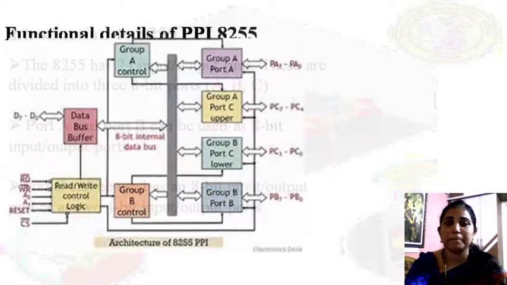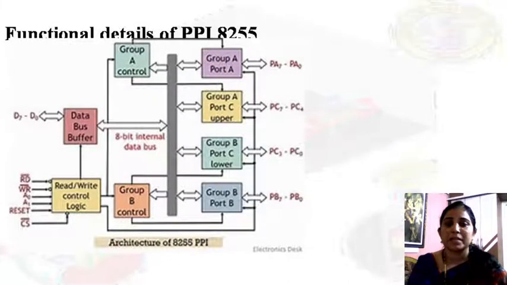With this knowledge about the introduction of 8255 PPI, let's see the block diagram or functional diagram of 8255 PPI. In this diagram you can see two groups, group A control and group B control.